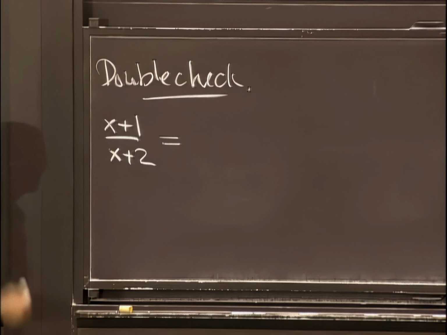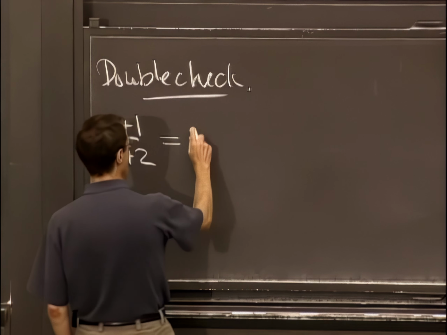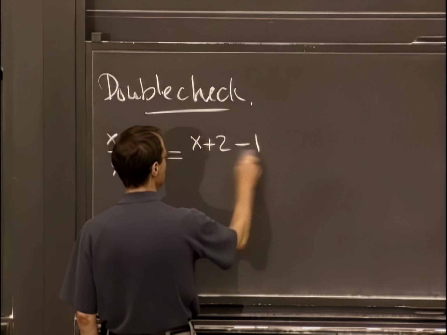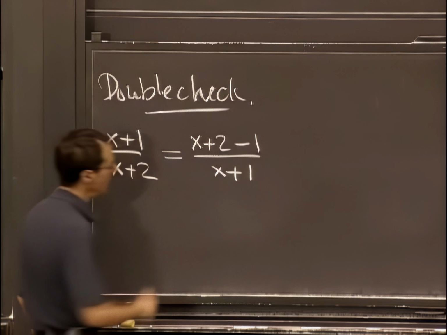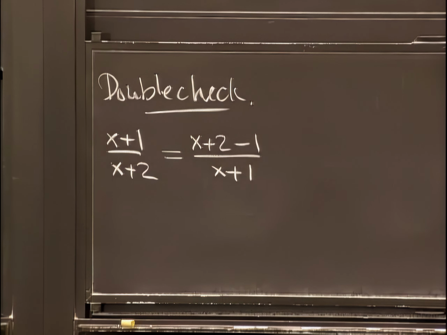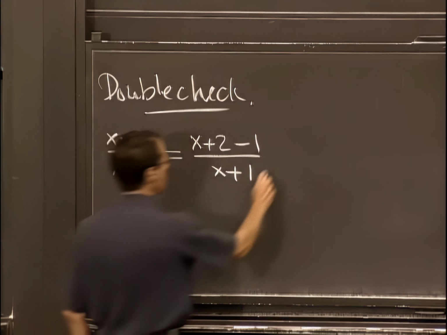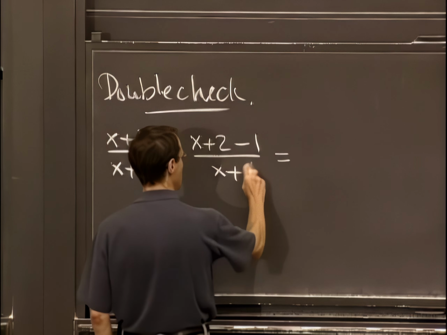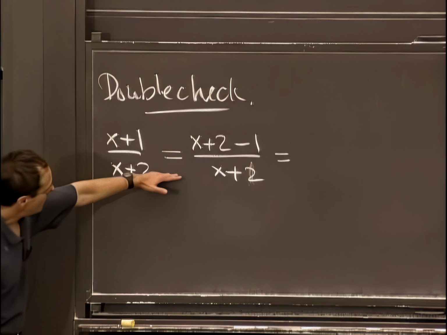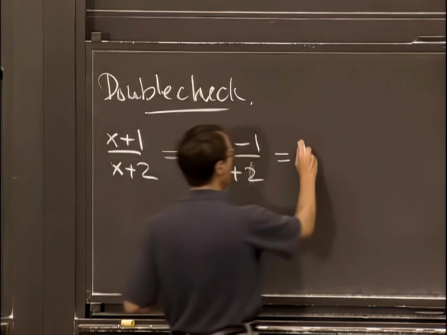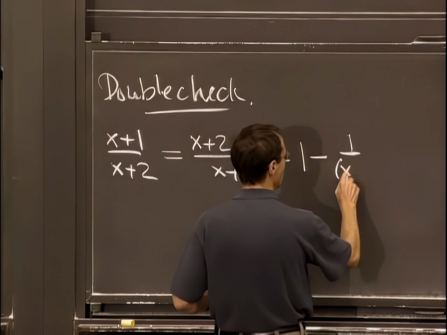Obviously, you can do this by the quotient rule, but I just point out that this is the same thing as this, all right? And now it has, whoops, that should be a 2 in the denominator. And so now this has the form 1 minus 1 over x plus 2.